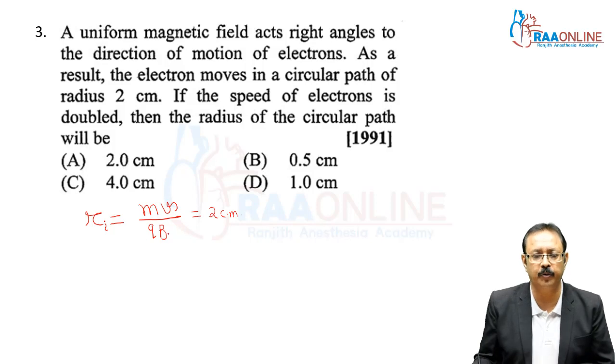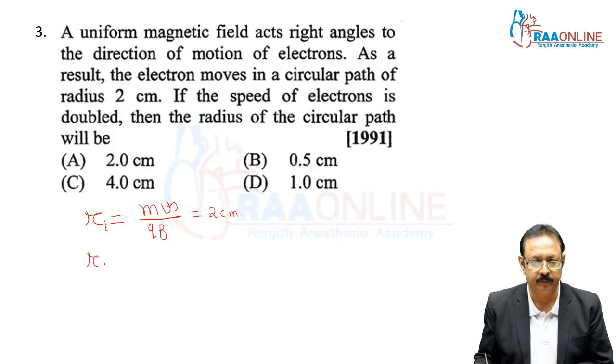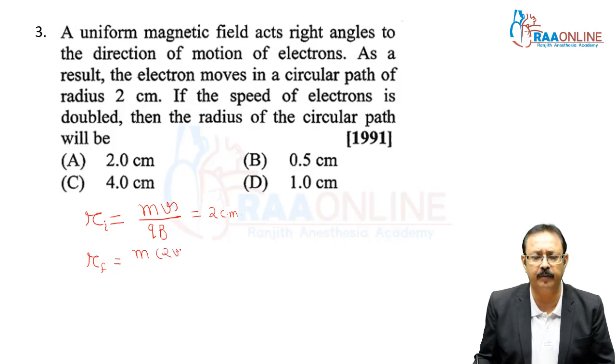What are we going to do now? Same electron is coming, so mass should be same. Speed is doubled. In place of v, I am putting 2v. Same electron, so same charge.